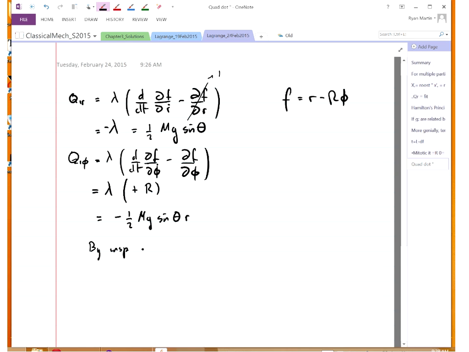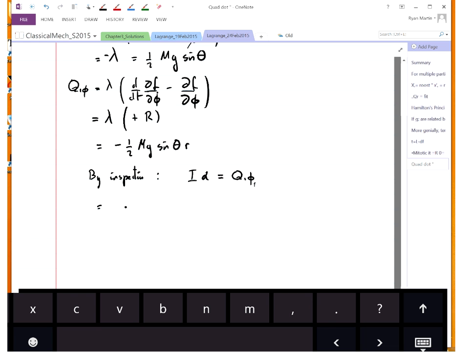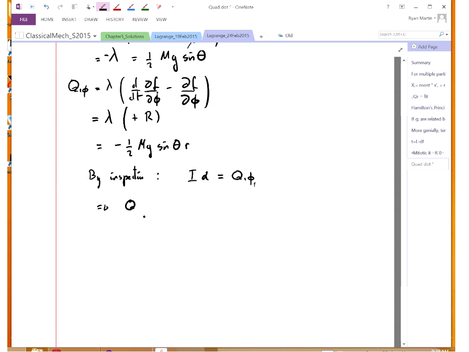So let me just say by inspection, we have I alpha equals Q1 phi. Oops. So Q1 phi, right? This minus a half mg sine theta, sorry, that's a capital R at the end.